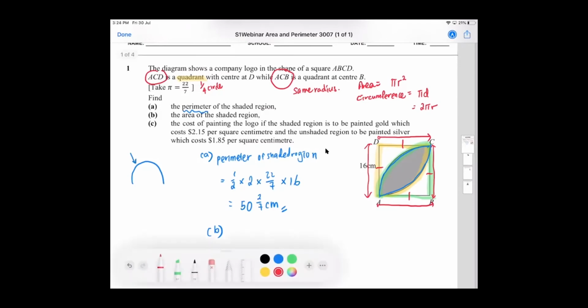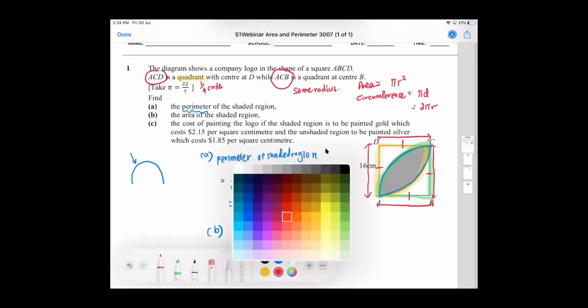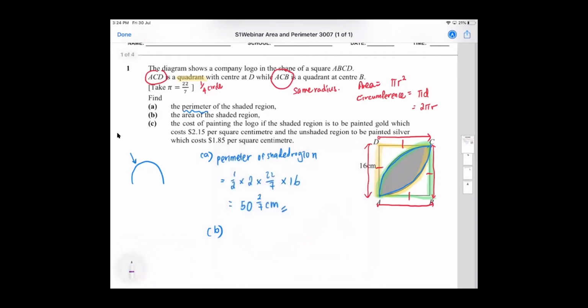Let me use another color, say purple. Some of you would do this.